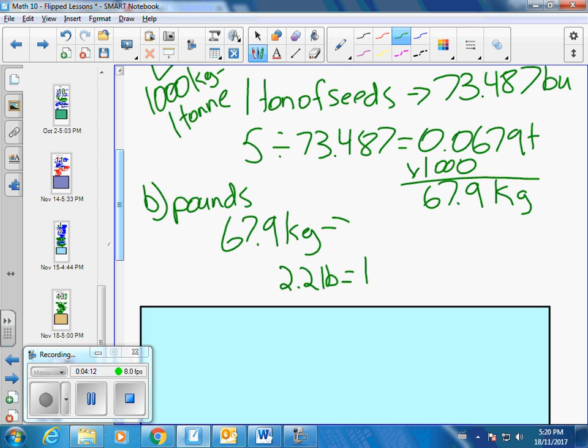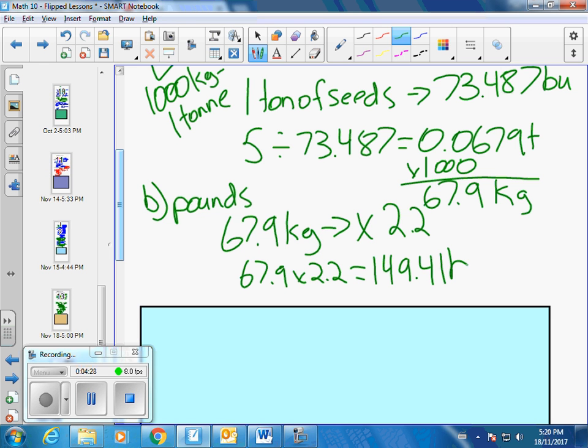So I'm simply going to take 67.9 and multiply it by 2.2, and that gives me a final answer of 149.4 pounds.